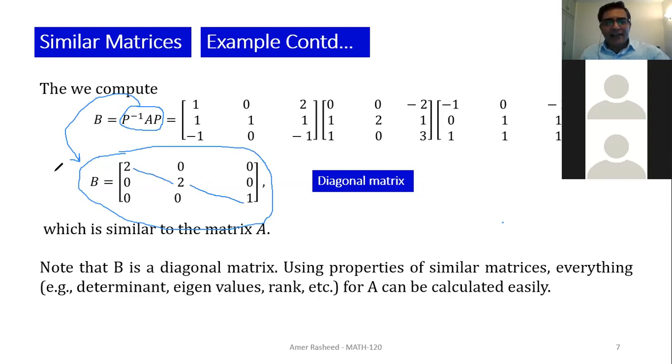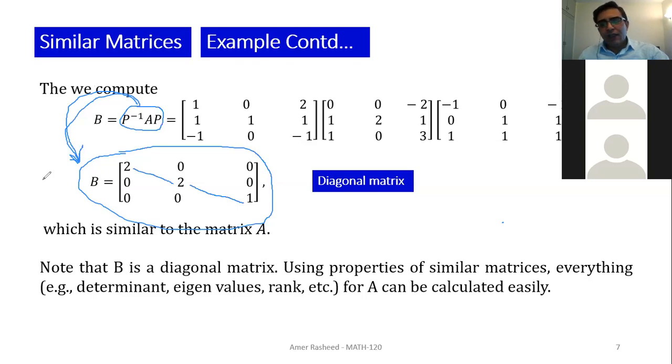For any matrix A, we can find a matrix P which transforms the matrix A into a diagonal matrix. This is possible. Now, the question is how to find such a P which transforms the matrix A into a diagonal matrix.